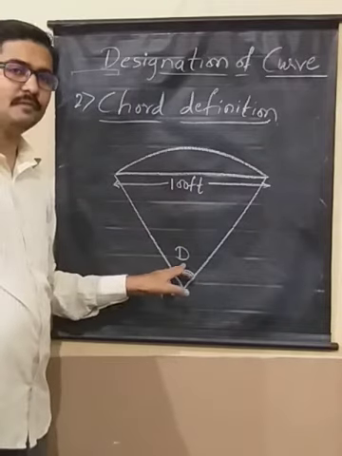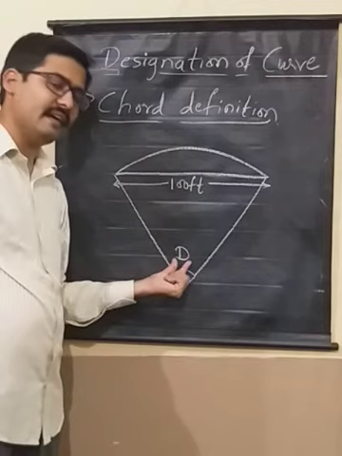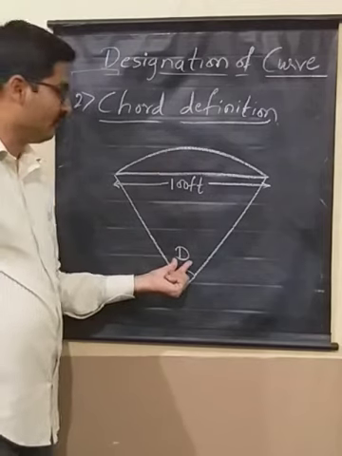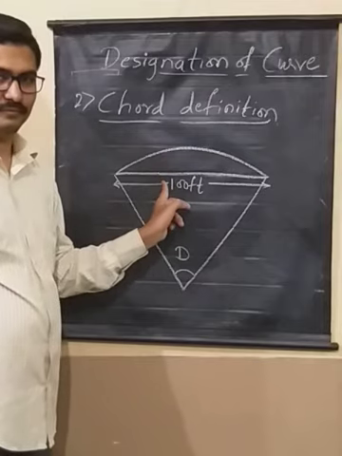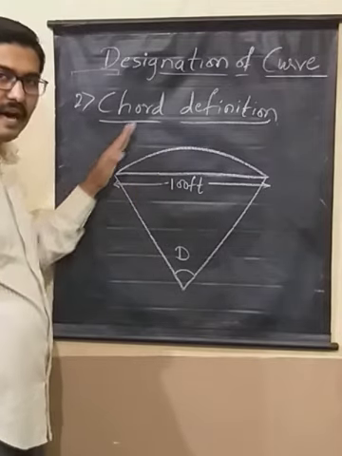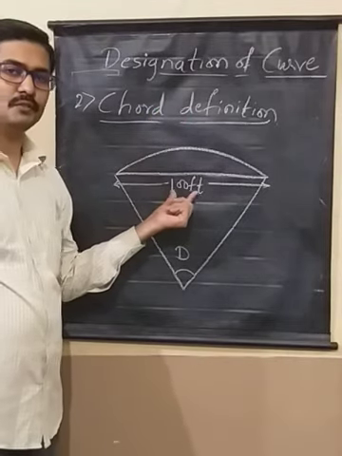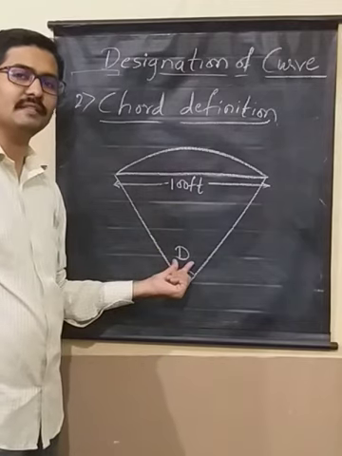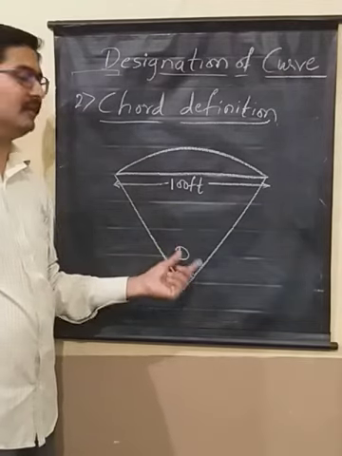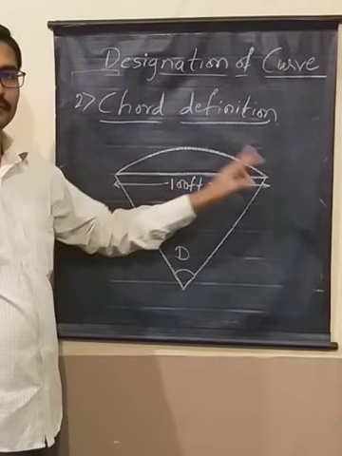So what is the degree of curve based on the chord definition? It is the angle subtended at the center by a chord of 100 feet length, right? In our earlier definition it is arc length, but here it is chord length. So the chord length has to be 100 feet, and whatever angle you get at the center will be the degree of curve of that particular curve.